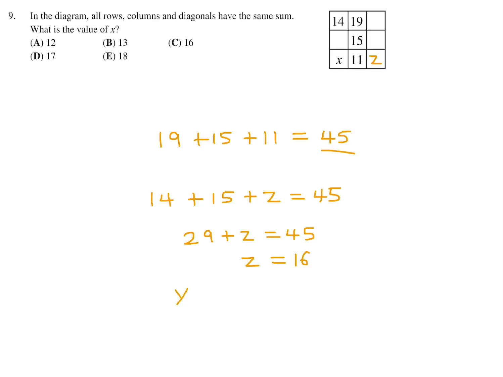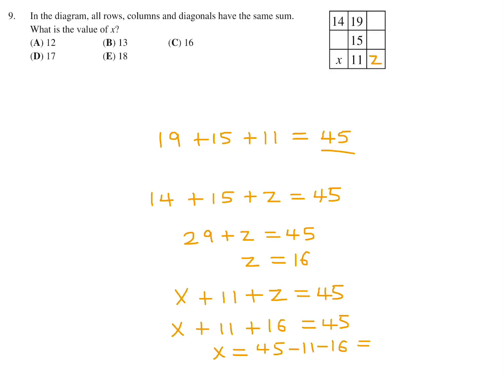So finally, x plus 11 plus z is 45, correct? And x plus 11 plus z, which is 16, is 45. And this basically becomes x is equal to 45 minus 11 minus 16. And therefore x is equal to 18. So number 9, the answer is E.